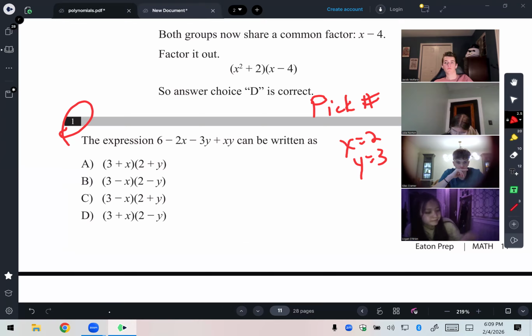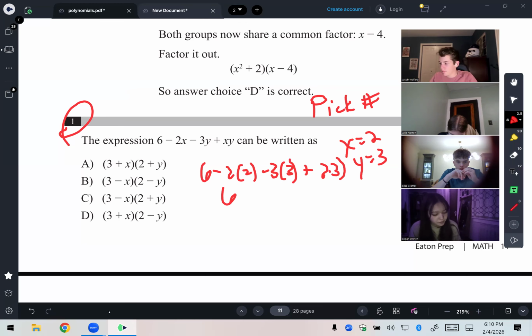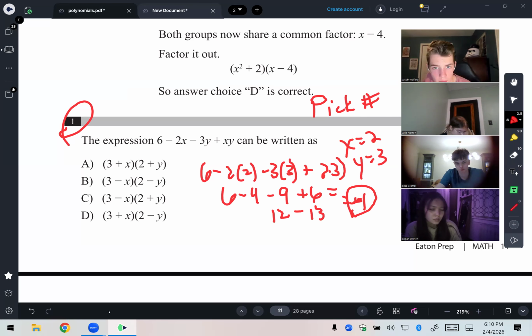If we pick the number way, we will have 6 minus 2 times 2 minus 3 times 3 plus 2 times 3. That'll give us 6 minus 4 minus 9 plus 6. So that's 12 minus 13, which gives us a negative 1. So we want an answer that's going to kick out a negative 1 when x is 2 and y is 3.